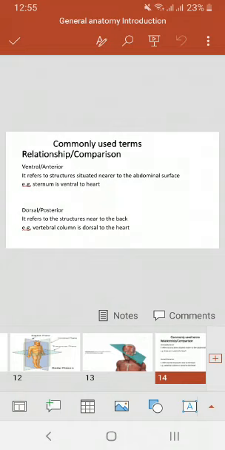Ventral or anterior refers to the structure situated nearer to the abdominal surface. For example, the sternum is ventral to the heart, because the sternum is present anterior to the heart, more towards the abdominal side of the body.